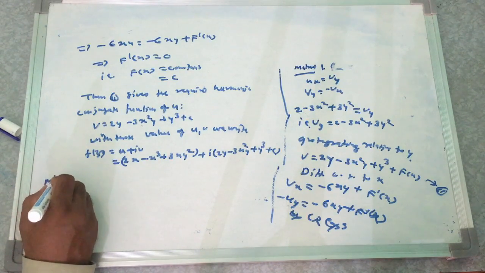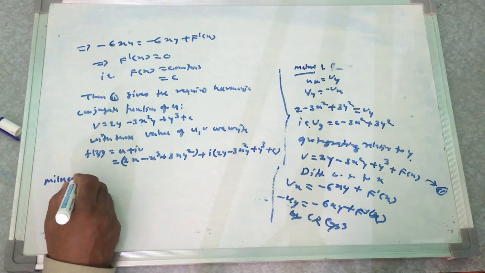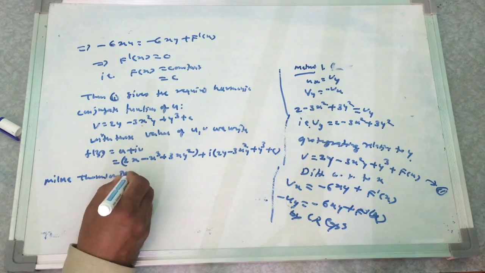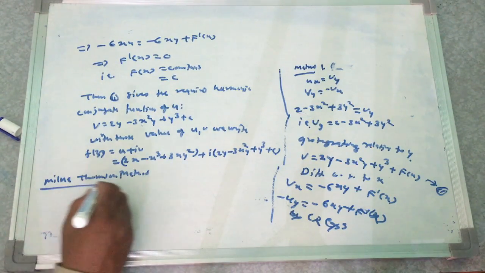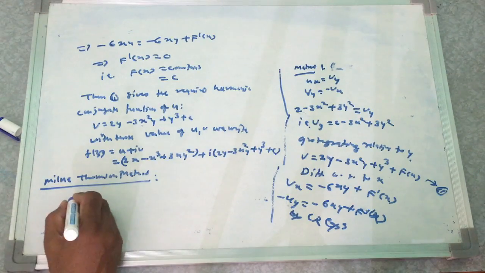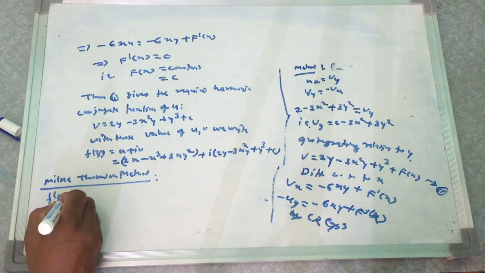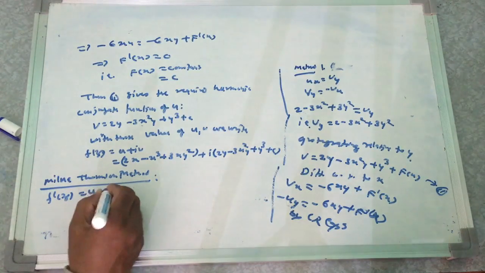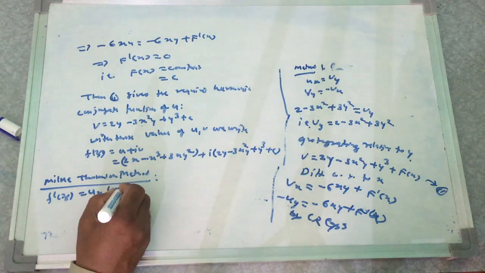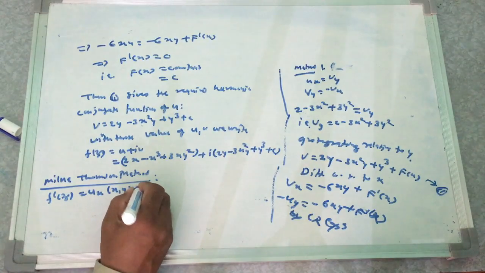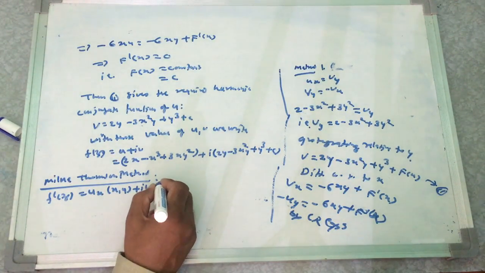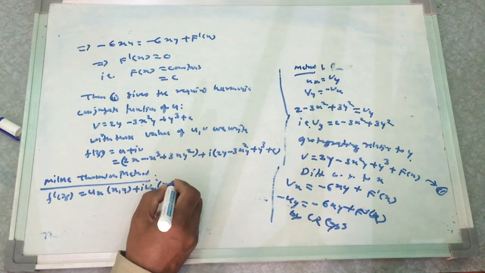Now Milne-Thomson method. So we have f dash of z is equal to u_x(x,y) plus i v_x(x,y).